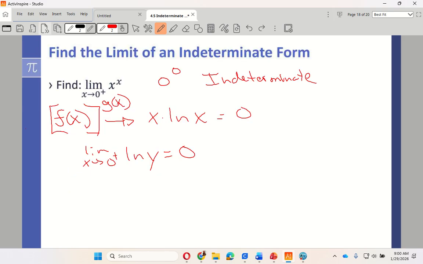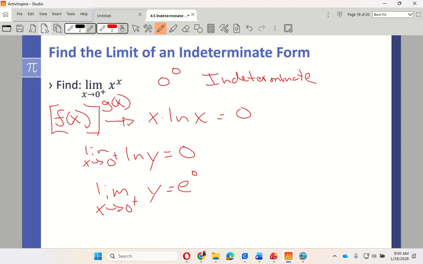My limit here was 0. And then how do I undo an ln? E both sides, right? Yeah. Okay, so as I e this on both sides, it's now going to read e to 0 is equal to y, where I could take the limit as x approaches 0 from the right.